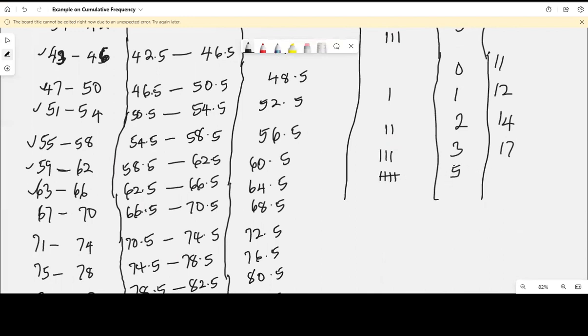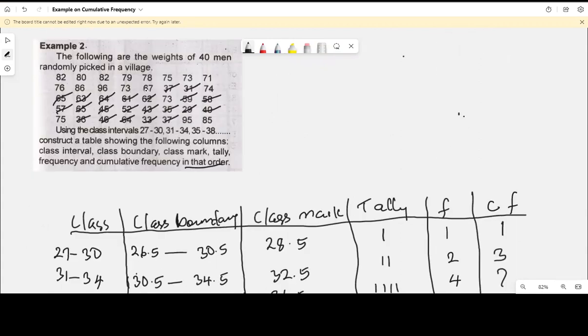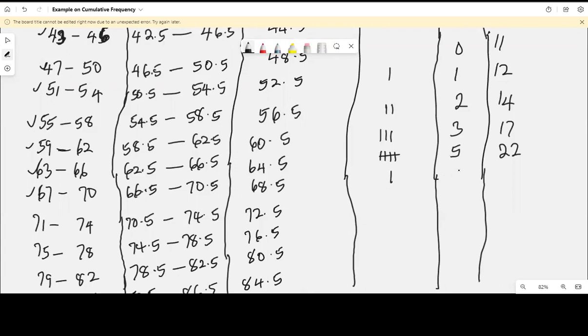The cumulative, we add this 5 to 17, which is 22. Then the next interval is 67 to 70. Only 1. Put 1 stroke there. Then the frequency is 1. The cumulative, we add this 1 to 22, which is 23.